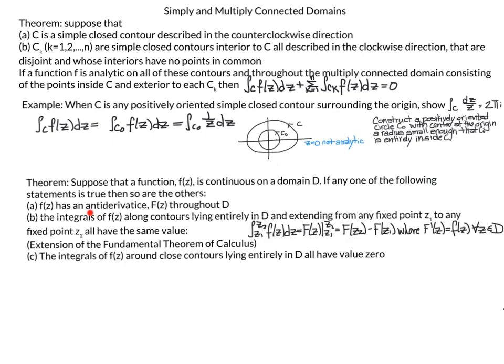We had this other theorem when we discussed antiderivatives and the Cauchy-Goursat theorem that said if we had a function that was continuous on a domain, and if any one of the following statements is true, then so are the others. The first one was if f of z has an antiderivative, capital F of z, throughout D, then that's equivalent to saying the integrals of f of z around closed contours lying entirely in D all have value 0.